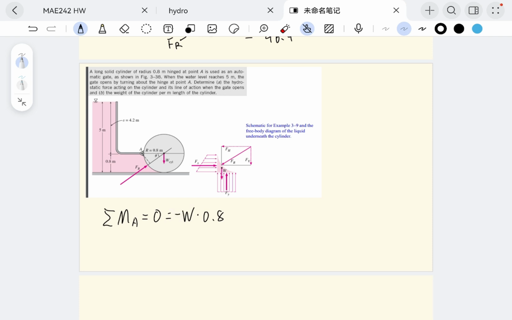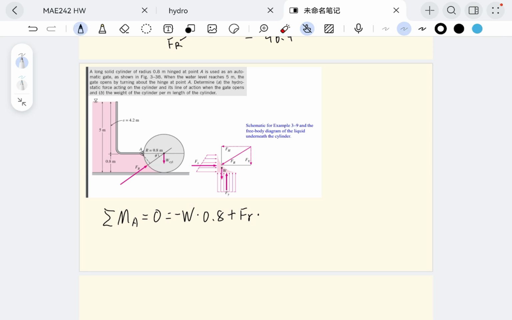How about the resultant force by the water? We know Fr is going in this direction about A, thus it will create a counterclockwise moment. So that would be positive. It would be plus Fr times the distance of the Fr to A, which would be the length of this.